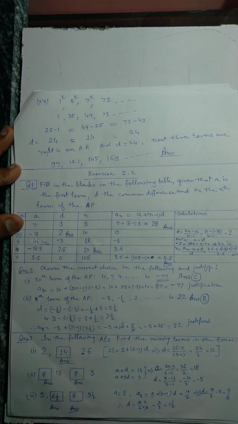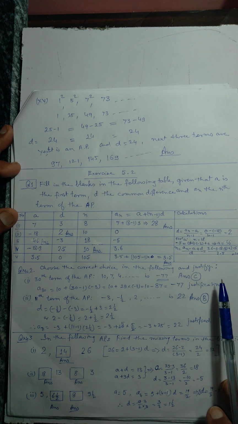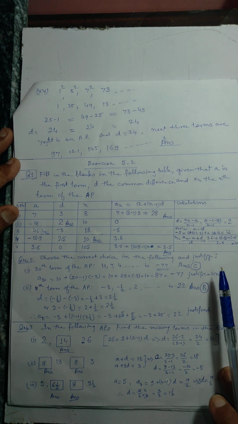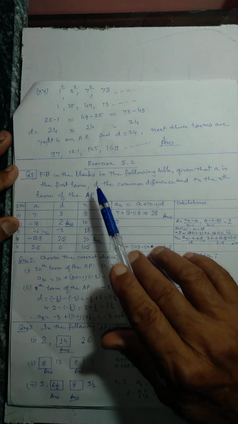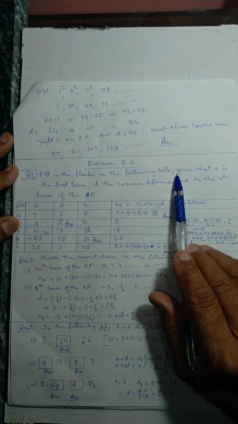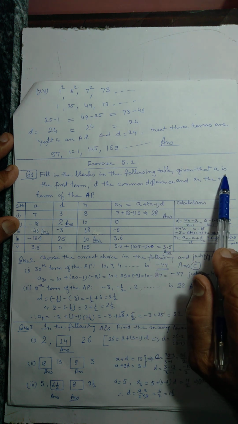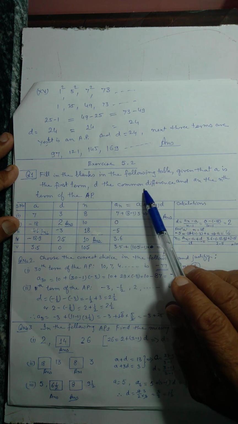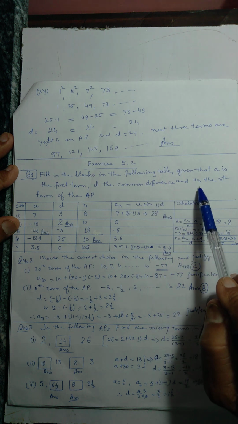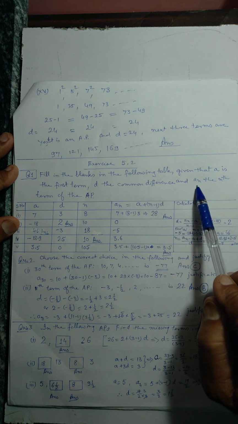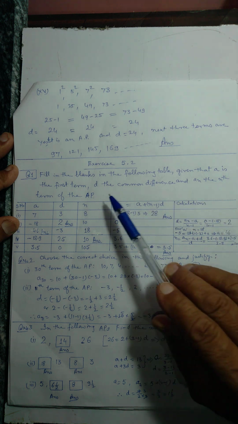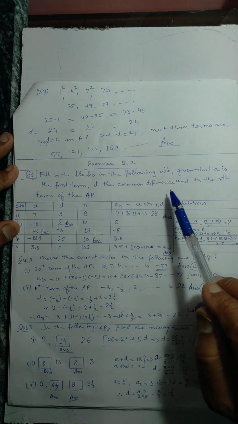Now let us proceed to exercise 5.2. Question number 1. Fill in the blank in the following table, given that A is the first term, D is the common difference and AN the nth term of the AP.